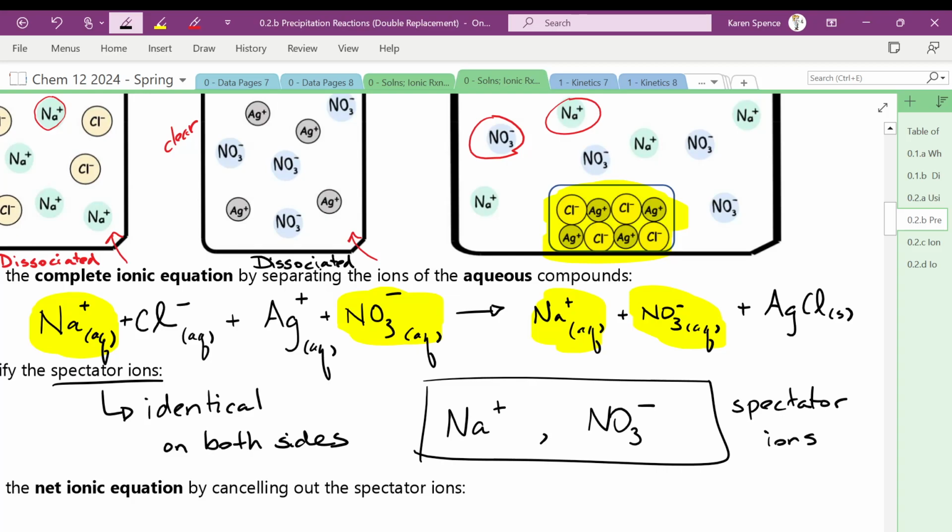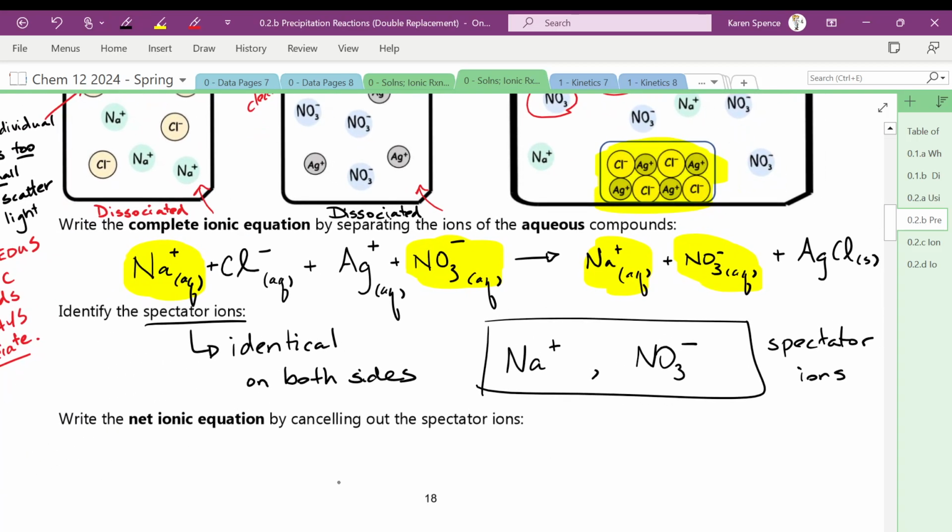Now, in order to write a net ionic equation, what do we do with our spectator ions? We cancel them out. Okay, so in a net ionic equation, we cancel out the spectator ions. We basically just rewrite it without them. So what I have left is Cl minus plus Ag plus, right?